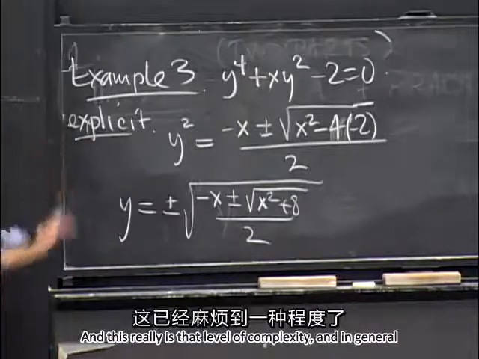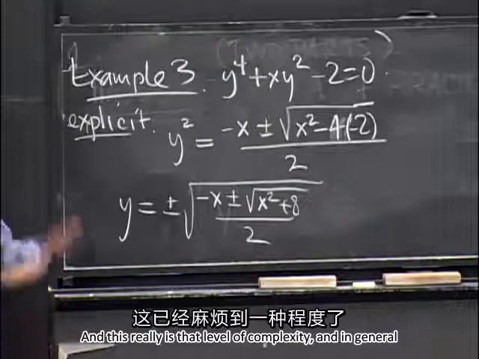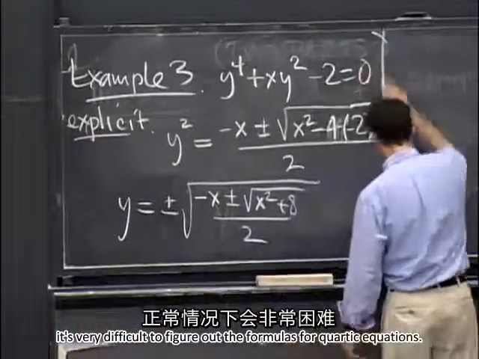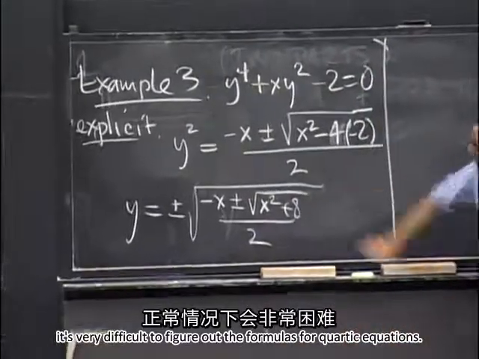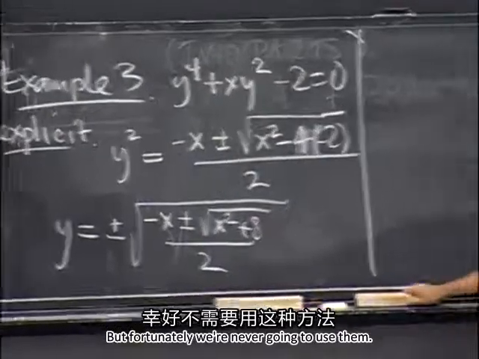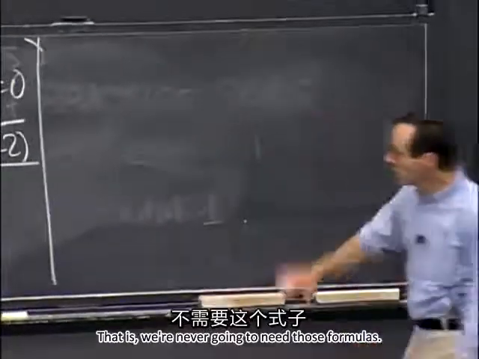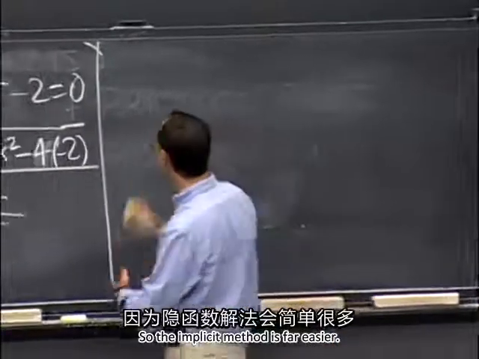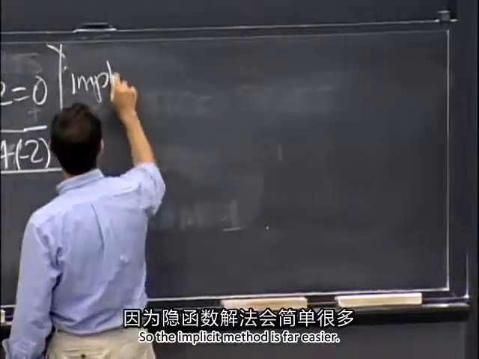And this really is that level of complexity. And in general, it's very difficult to figure out the formulas for quartic equations. But fortunately, we're never going to use them. That is, we're never going to need those formulas. So the implicit method is far easier.